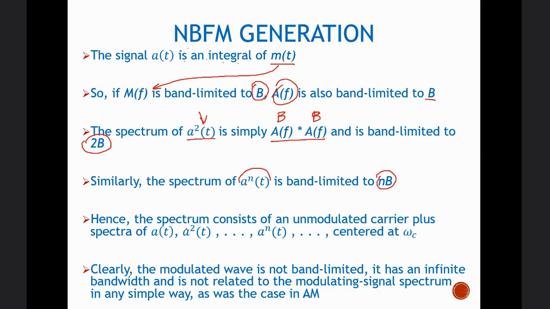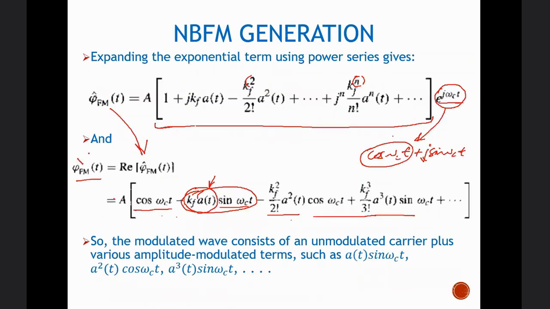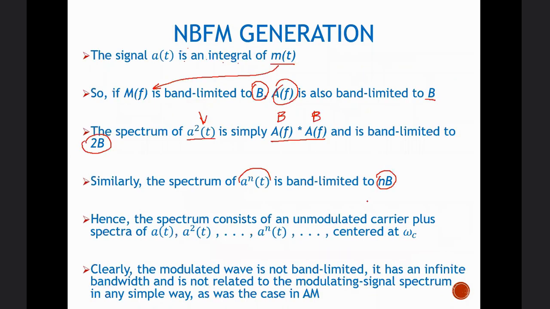So hence from this analysis, we can see that the spectrum of this FM signal would consist of very large bandwidth signals, because it has a squared, up to a to the n(t). So that means the spectrum of that signal is nB. So clearly the modulated signal is not band limited.